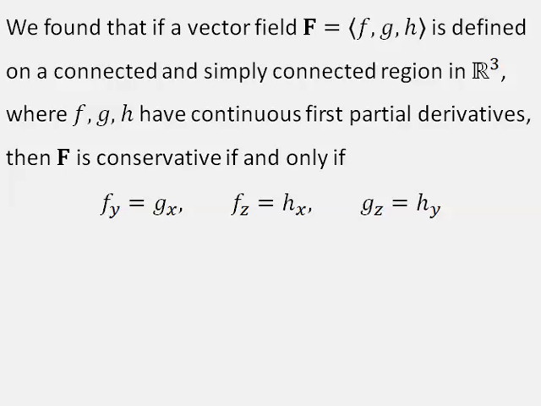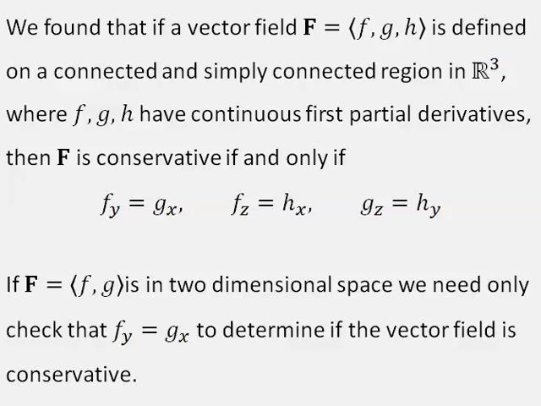Now, we found that if a vector field is defined on a connected and simply connected region where its components have continuous first partial derivatives, then the vector field is conservative if and only if these partials are equal. And in two-dimensional space, we only needed to check one condition.